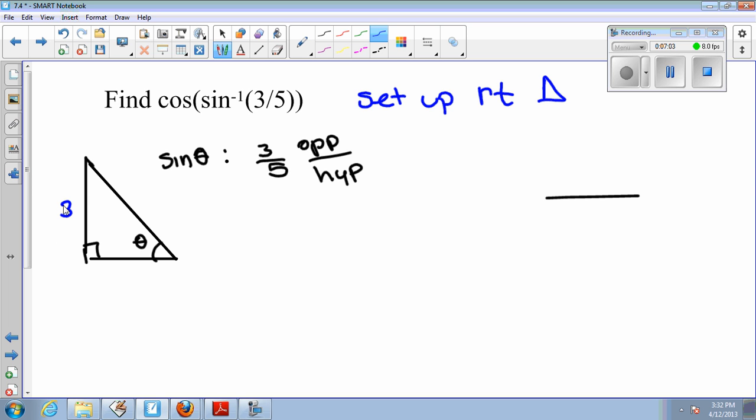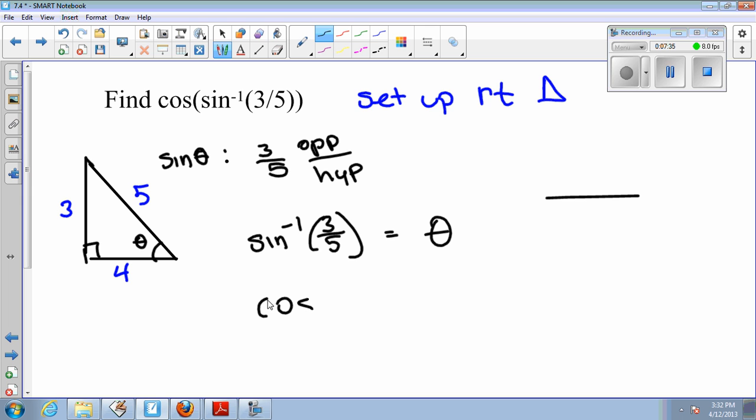So let's go ahead and fill those in. Got 3, 5, and we have to use the Pythagorean theorem to find the third side. But I know this is a 3, 4, 5 triangle, so I fill it in. So we're going to replace this inverse sine of 3/5 with theta. Because that is how we set up our right triangle.